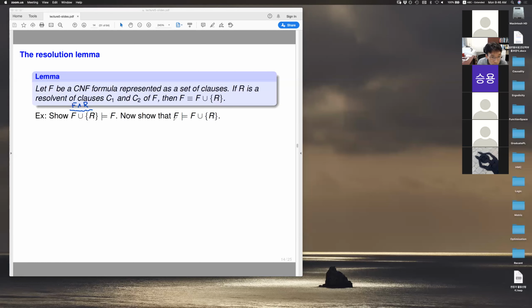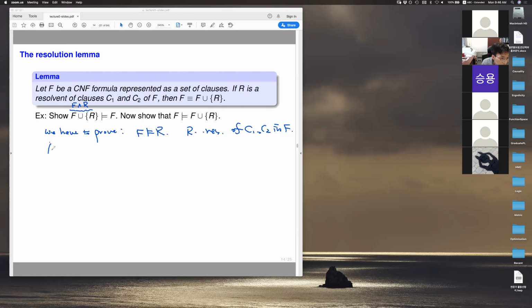We want to show that F semantically implies F conjoined with R. But this means we have to prove that F implies R. To show this, we use the assumption that R is a resolvent of two clauses from F. So R is a resolvent of C1 and C2, and they are in F.